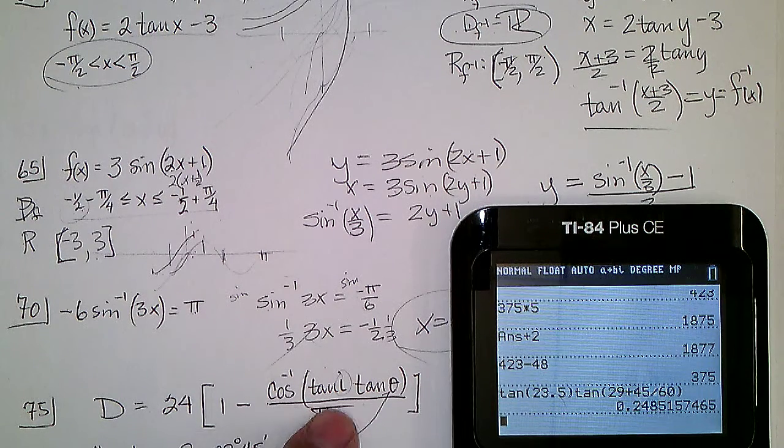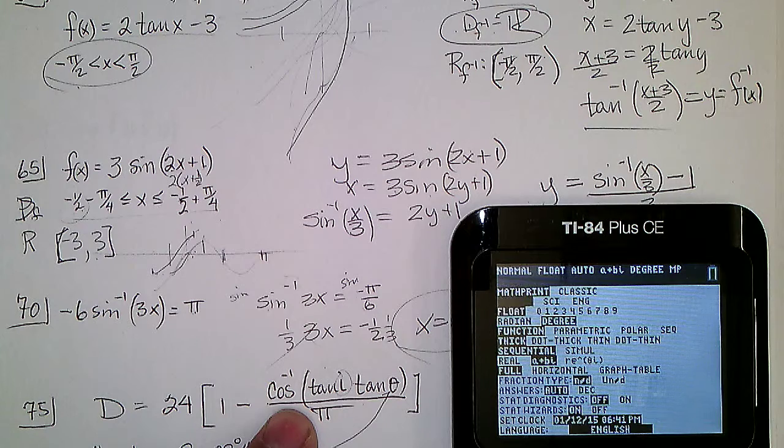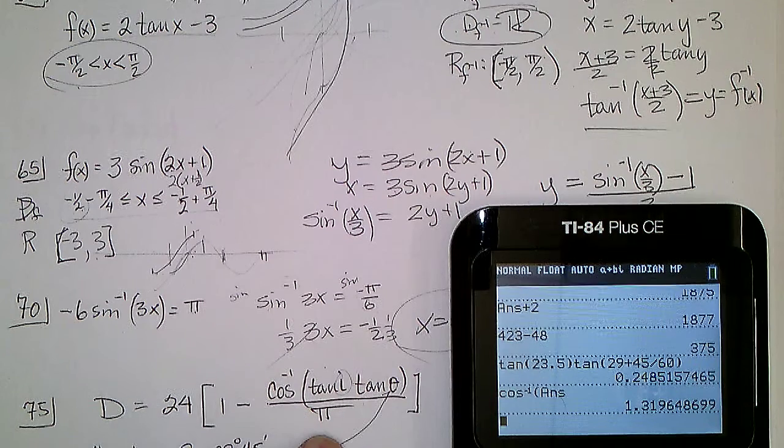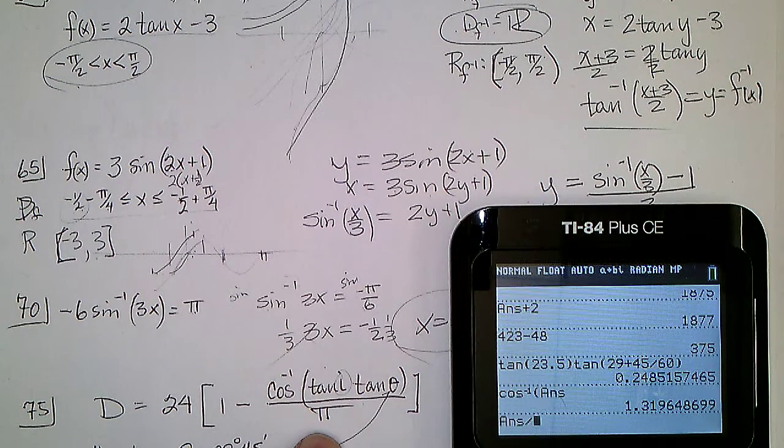Now I'm supposed to do the cosine inverse of this number, but now I need the mode to be in radians. So now I got to do cosine inverse of that answer, and then divide that by pi.